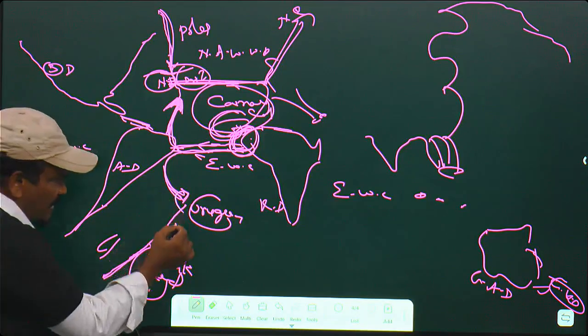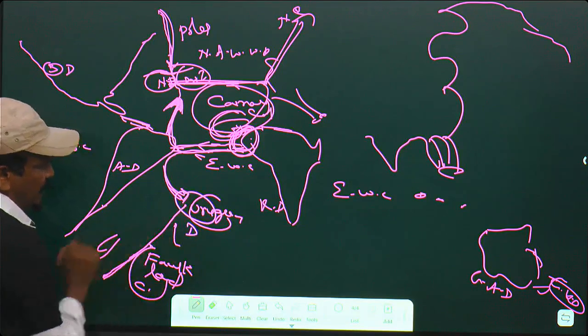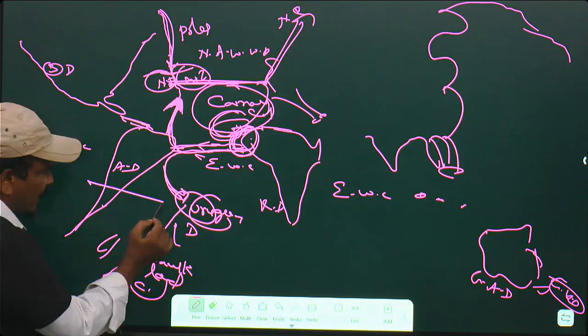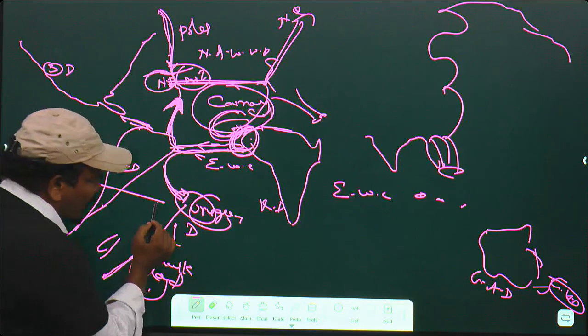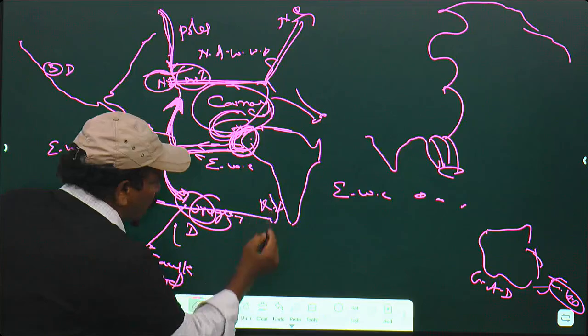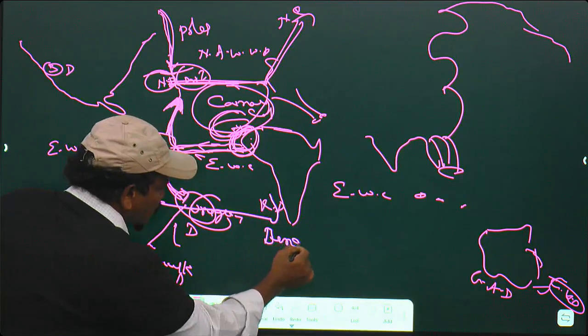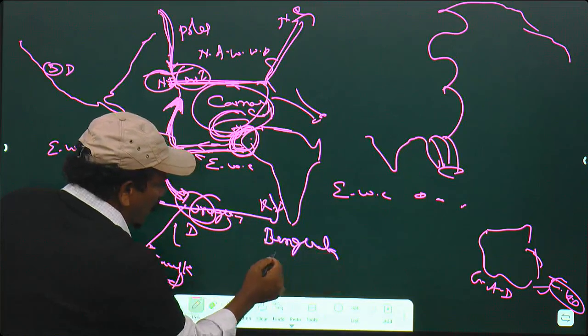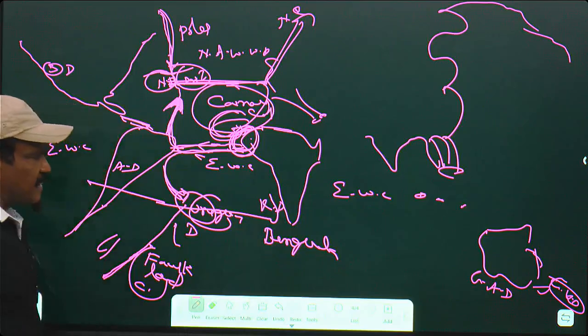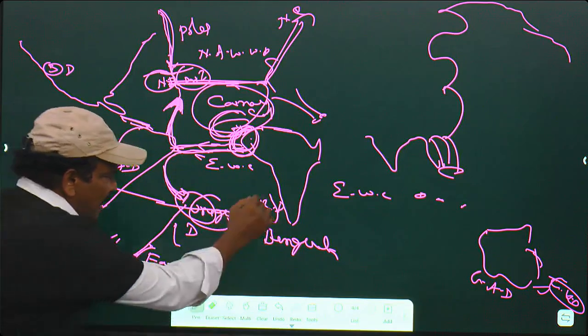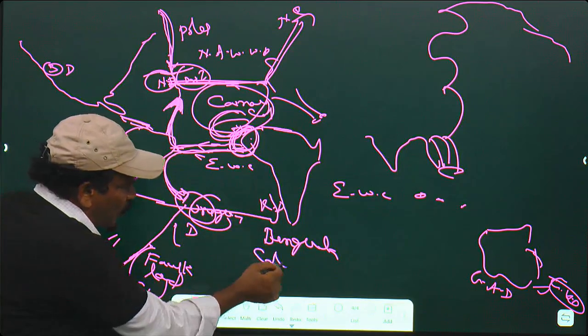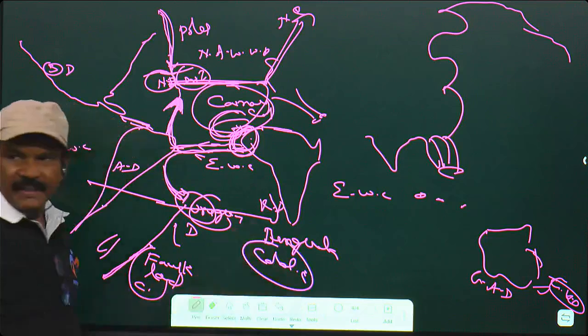These two currents are converted into the drift current by force of the westerlies. This drift current moves towards the eastern side up to Benguela coast in South Africa. Near Benguela coast, Benguela cold current is originated.